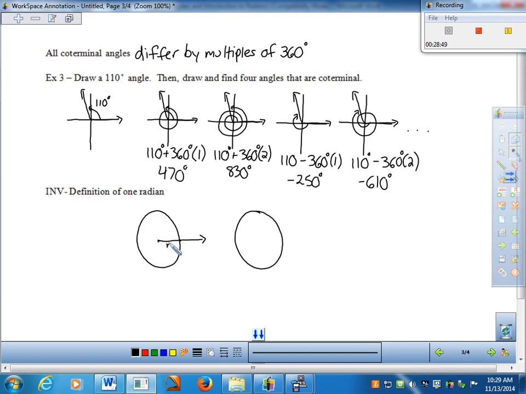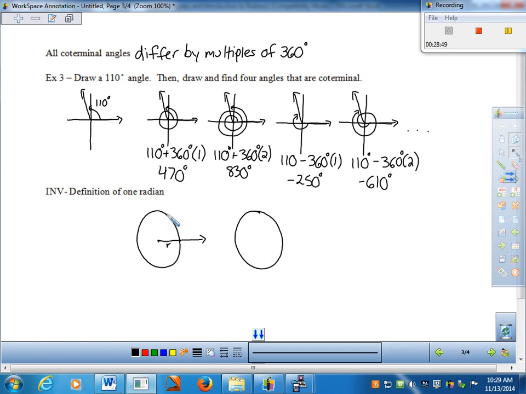So for example, if this radius is 3 centimeters, what I want to do now is start here and go 3 centimeters exactly around my circle. One more time. Whatever the length of the radius is, begin right here and measure going around the circle. And then put a point on the circle so the length around that circle is equivalent to the radius.